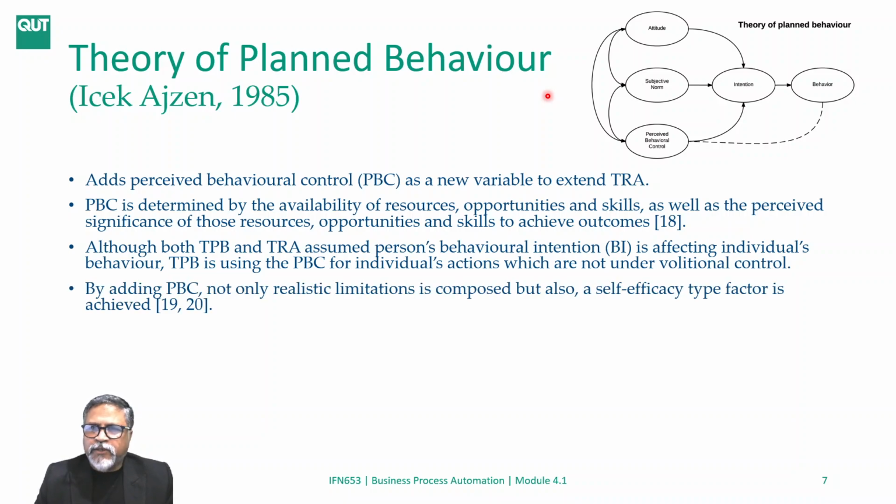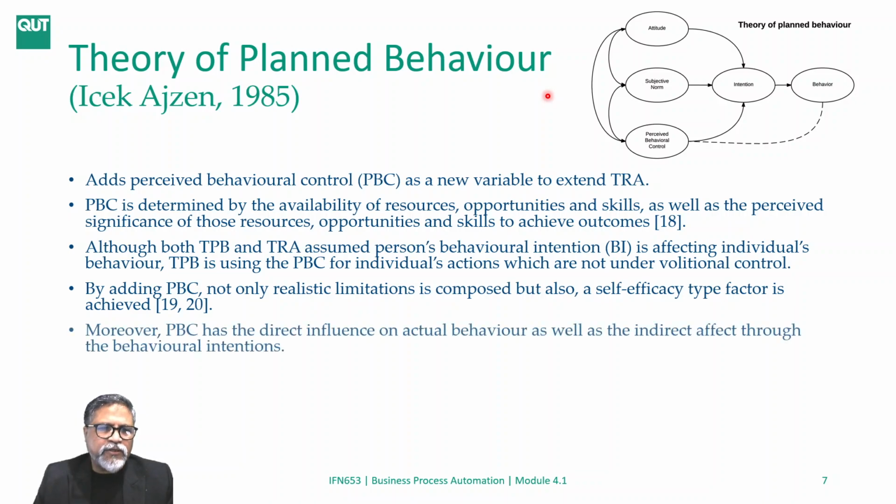By adding perceived behavioral control, not only is realistic limitation composed, but also self-efficacy type factors are achieved for individual norms as well. Moreover, perceived behavioral control has a direct influence on actual behavior as well as an indirect effect through behavioral intentions on group behavior as well.